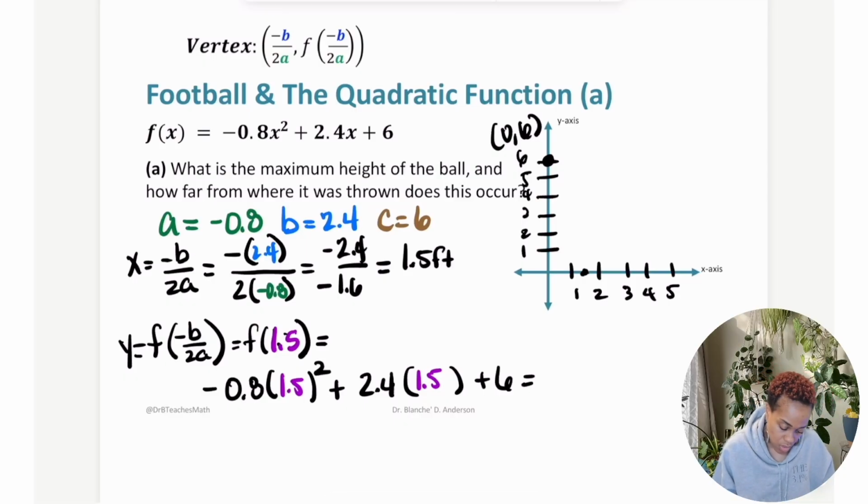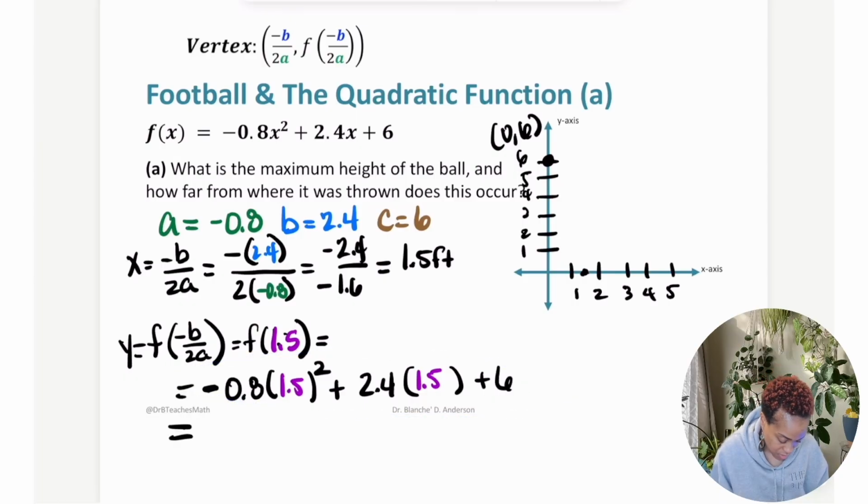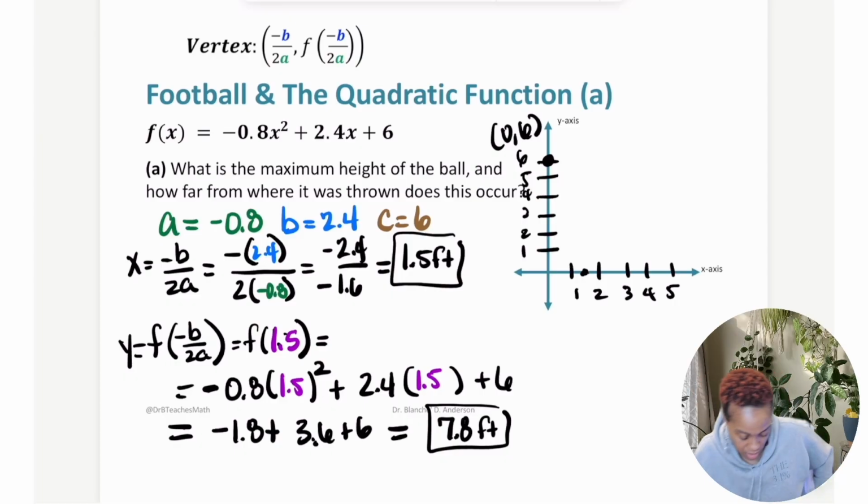So I'm going to put this whole thing in my calculator to see what I get. So this is negative 1.8 plus 3.6 plus 6. That gives you 7.8 feet. So that means the height was 7.8.